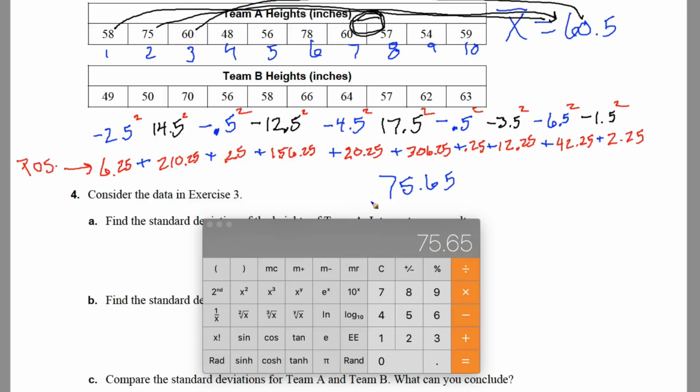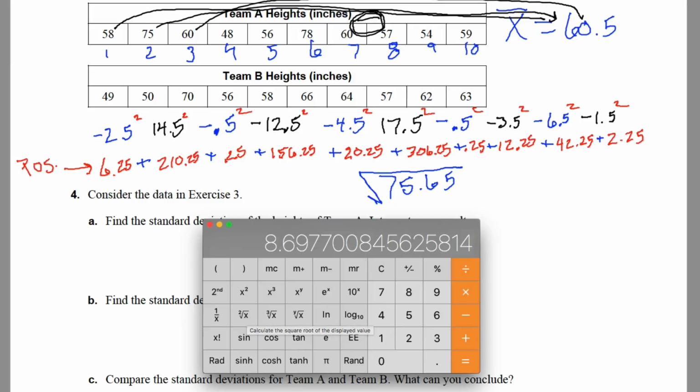And to find the standard deviation, take the square root of that. I'm just going to hit the square root button on the calculator on my computer. You can find the square root button on a lot of calculators. The square root is my standard deviation.